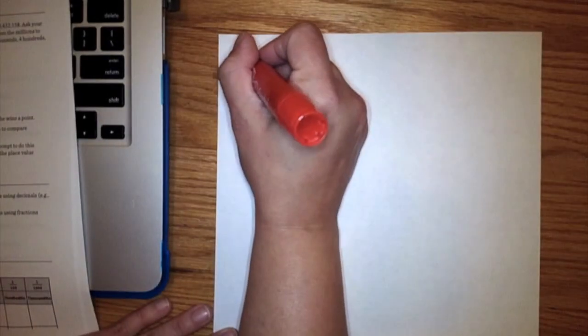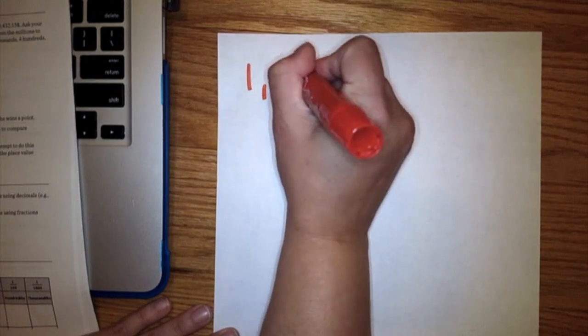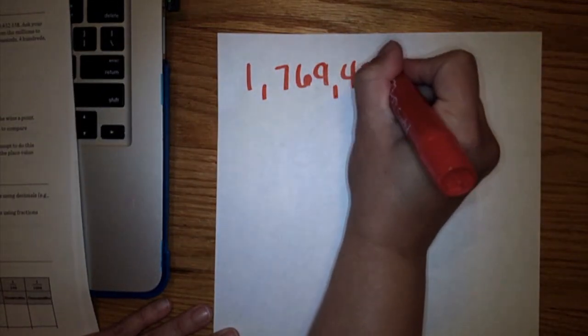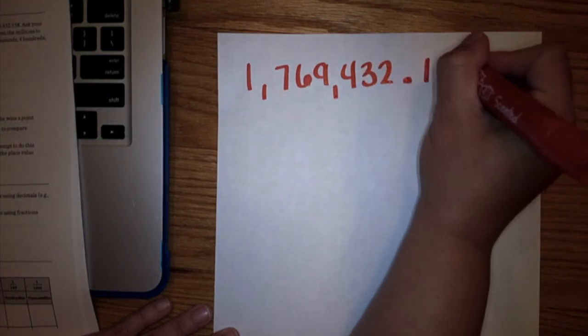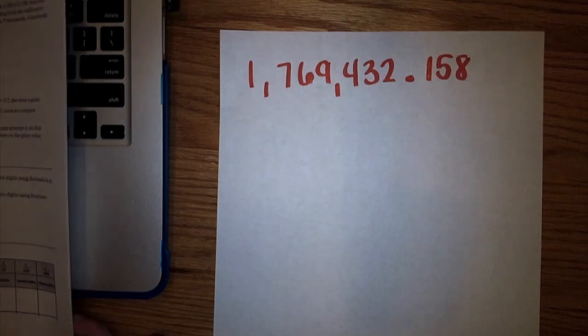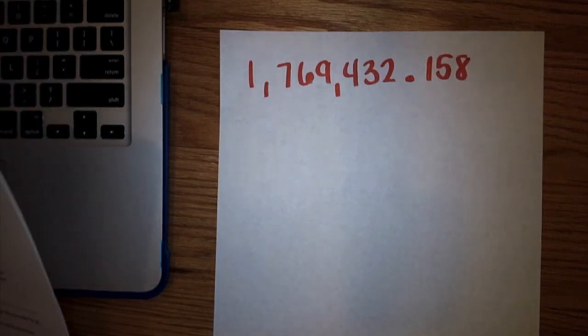All right, parents, what you can do at home to help. You can play the challenge number game. You can give your child a number such as 1,769,432 and 158 thousandths. You can ask them to say it in unit form.